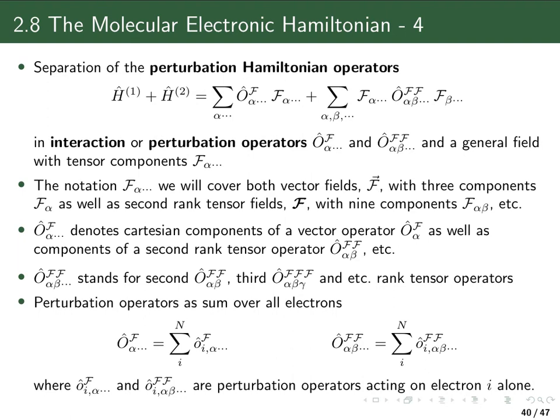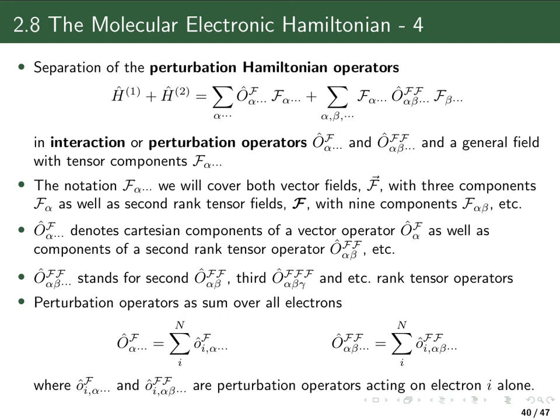You might wonder what this notation alpha ... or alpha beta ... means. The reason is that we will have not only external fields with 3 components, but we will also look at field gradients, where we'll have 9 components.